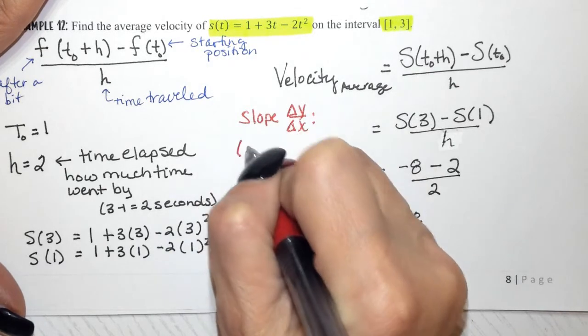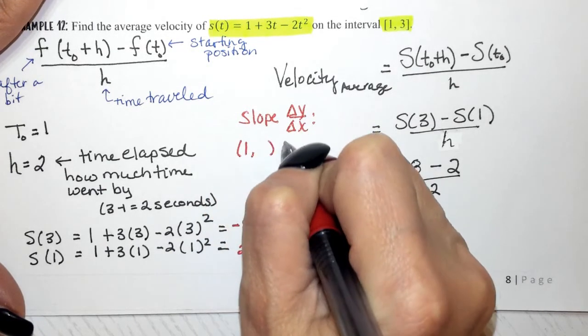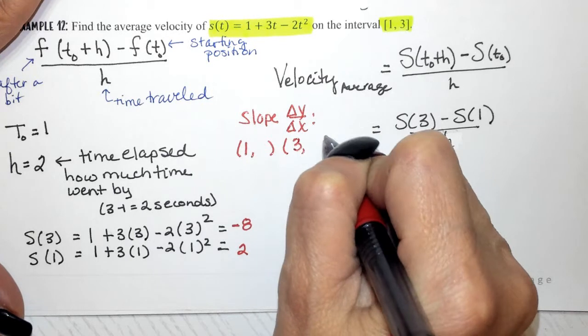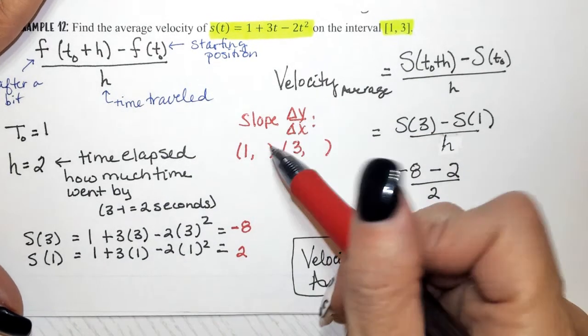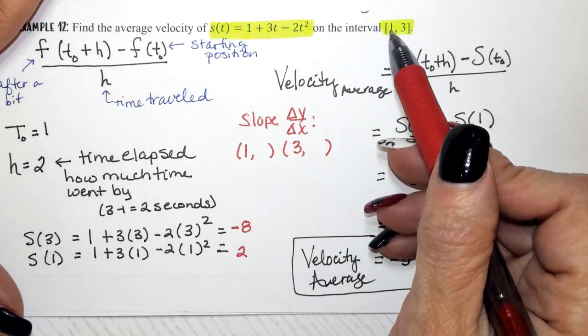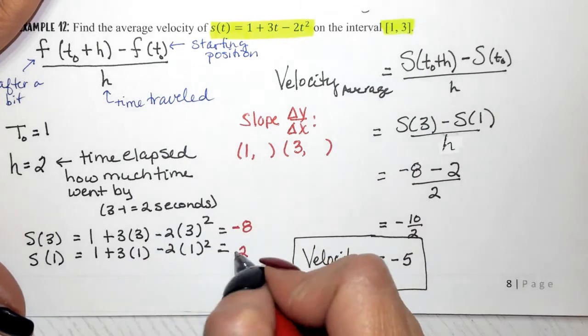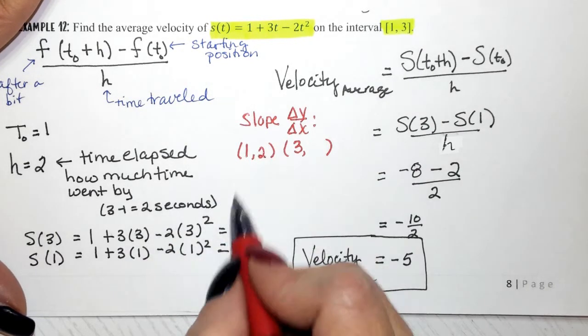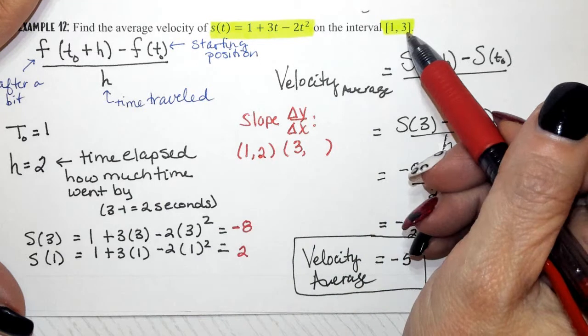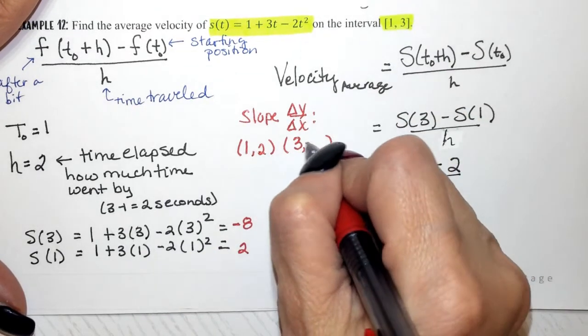If I plugged in 1 into my equation, which is what I did down here, I got 2. So the ordered pair was 1, 2. And when I plugged in 3, I got negative 8.